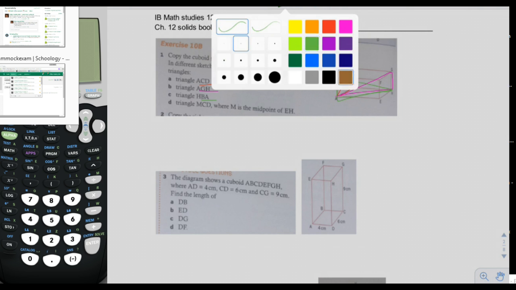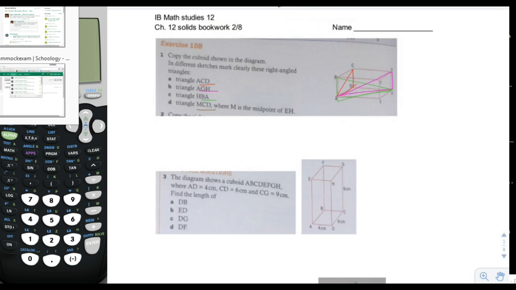And last of all, MCD, where M is the midpoint of EH. EH is, okay, there's M. MCD. Okay, so we've marked 4 triangles there.